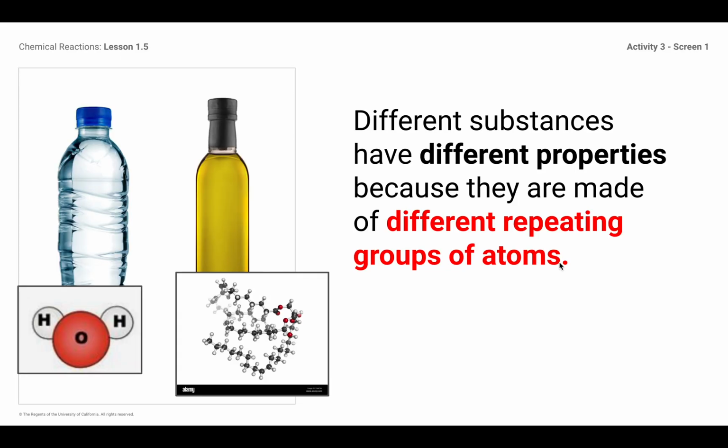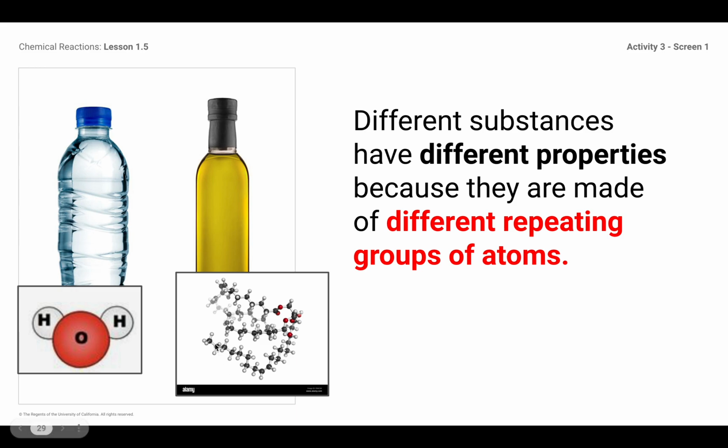All right, different substances have different properties because they're made of different repeating groups of atoms. Water is made of this repeating group of atoms, 2 hydrogen, 1 oxygen, over and over and over again. All of those together collectively make water. And believe it or not, this is one compound for oil. This is vegetable oil. Isn't that crazy?